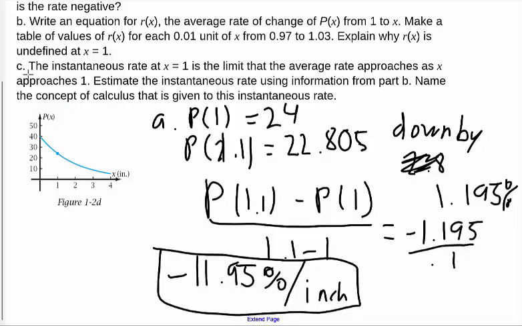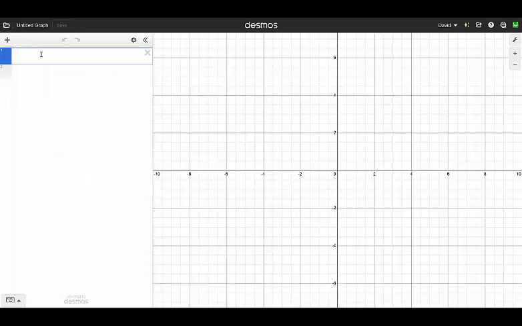So, C, the instantaneous rate. Oh, B, sorry. Okay, so for B, I think we should do this using a little technology. So, I'll be right back, and we'll see you in Desmos. Okay, so here in Desmos, let's go ahead and graph our first function.